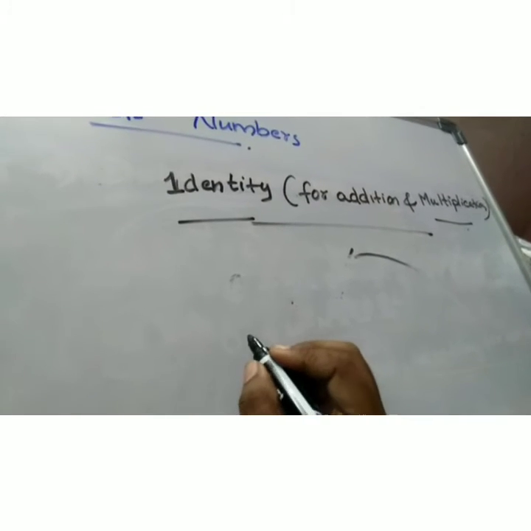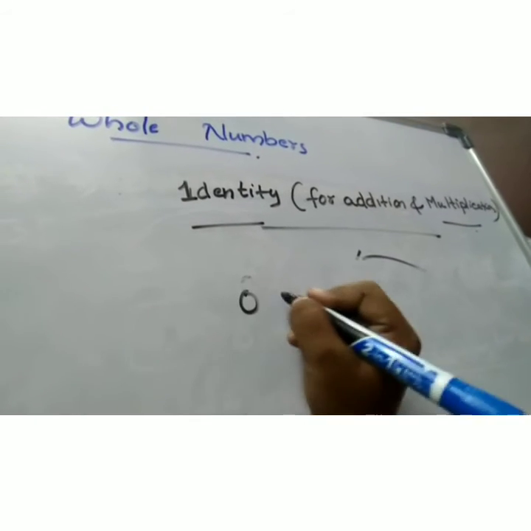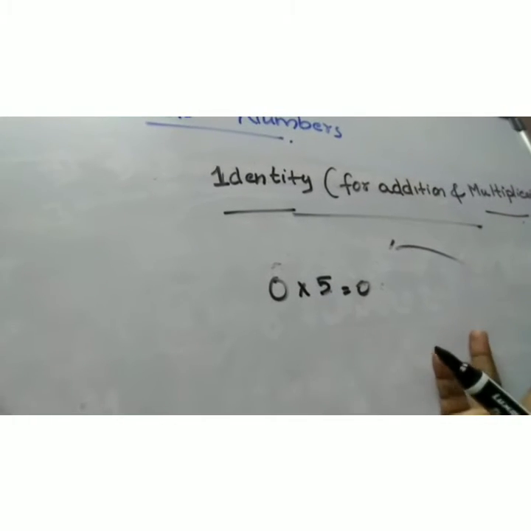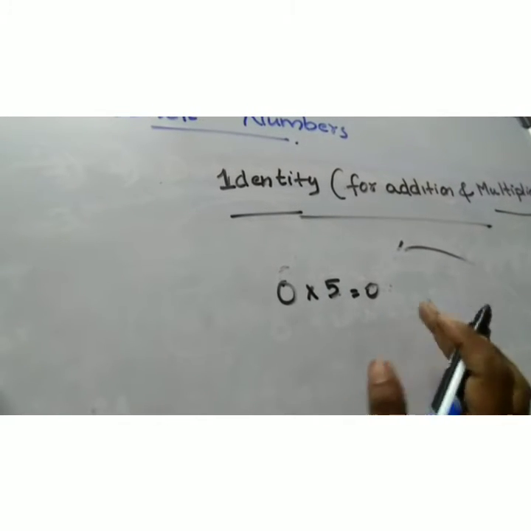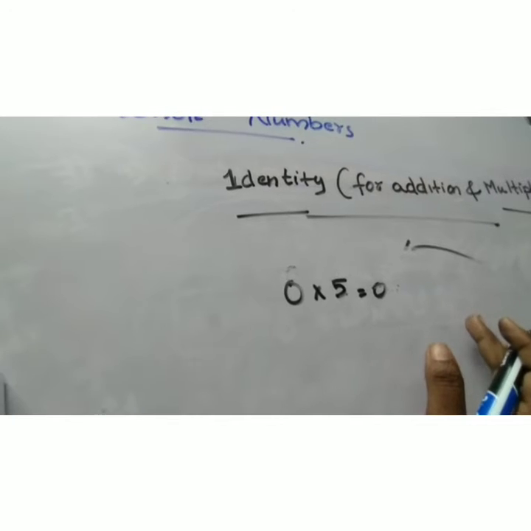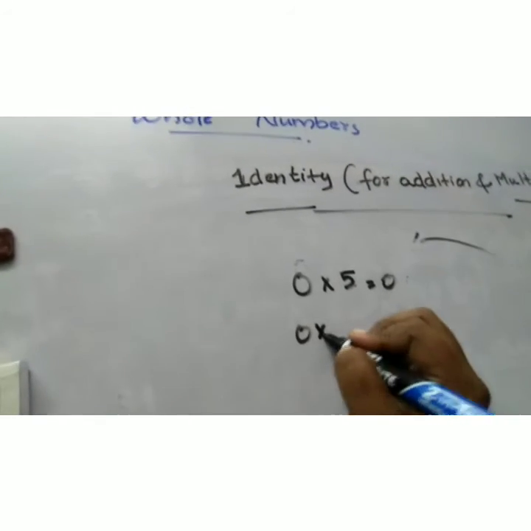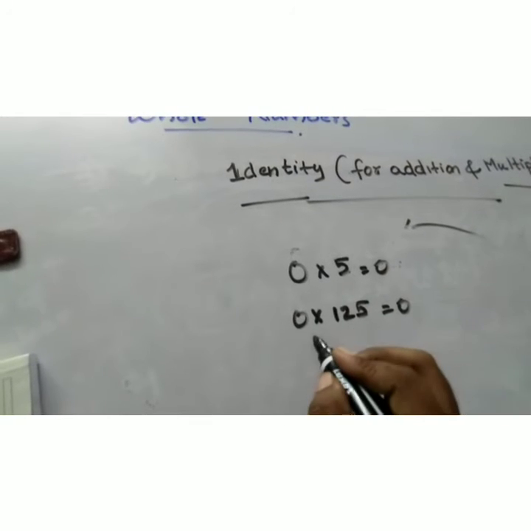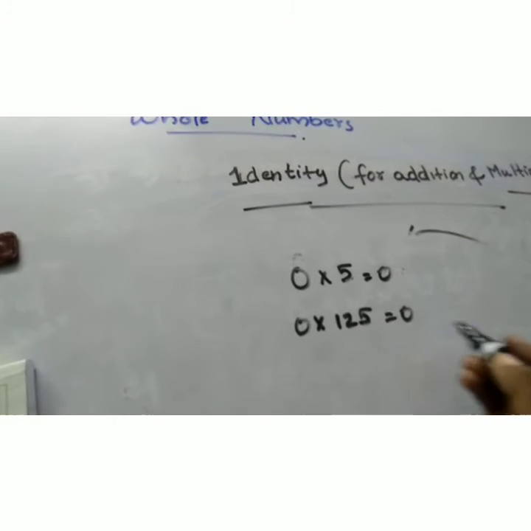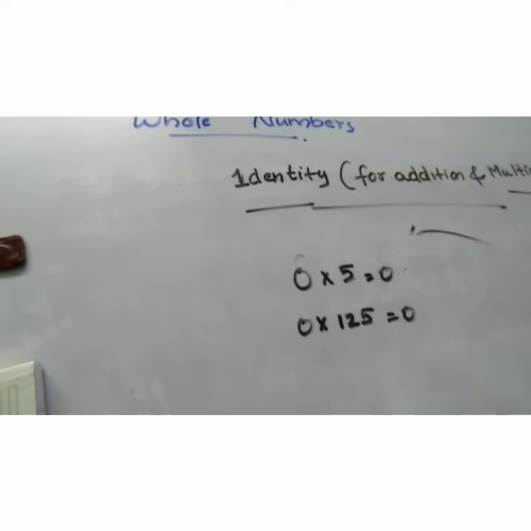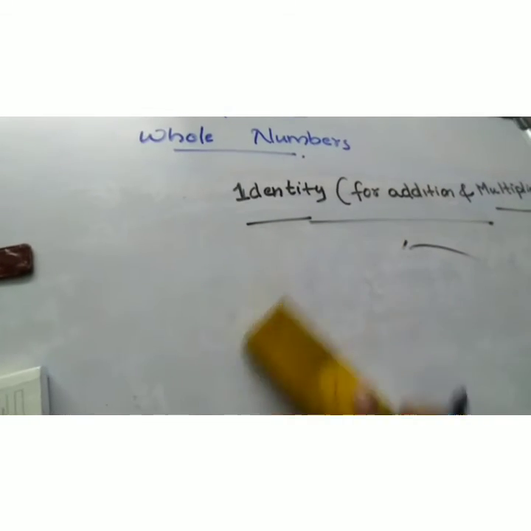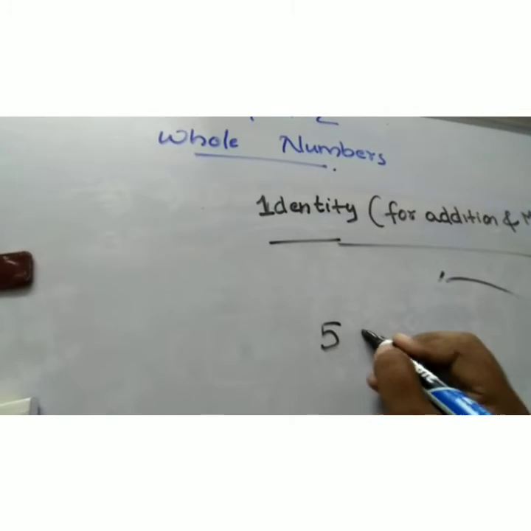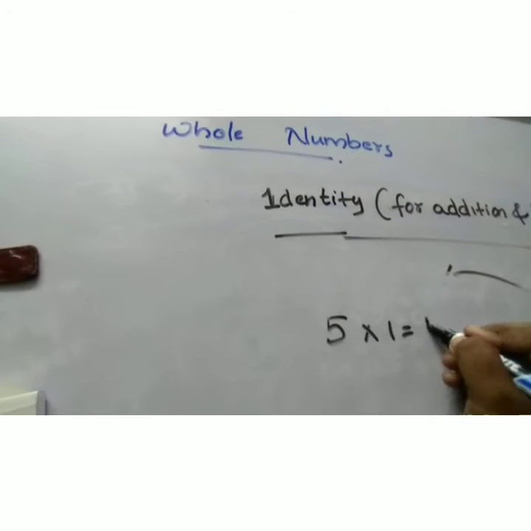0 has a special role in multiplication too. In multiplication, 0 into 5 is equal to 0. Okay. Any number when multiplied by 0 becomes 0. 0 into 125 is equal to 0. Then 5 into 1 is equal to 5.